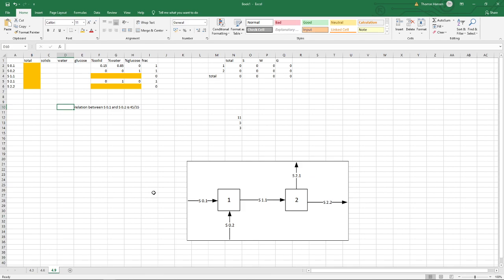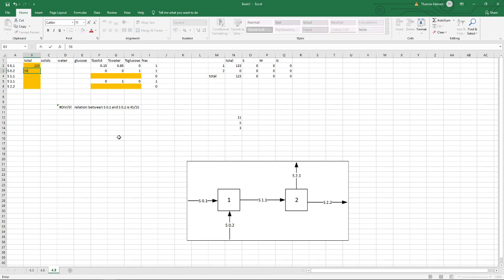I can then put up an equation where I take 45/55 and subtract my mass of 0.1 divided by my mass of 0.2, and I expect this to give me 0. If the relations are the same and I subtract them, it should give me 0 in total.